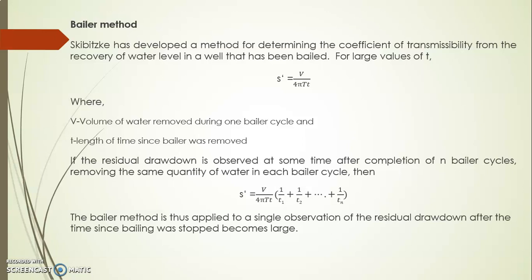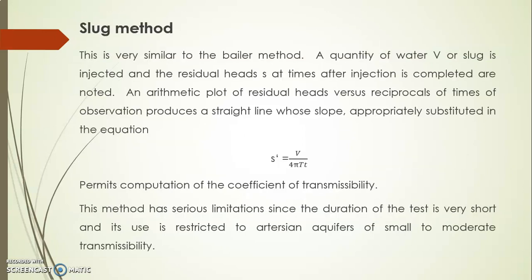The bailer method is thus applied to a single observation of residual drawdown after the time since bailing was stopped becomes large. Slug method. This is very similar to the bailer method. A quantity of water V, or slug, is injected and the residual heads s' at times after injection is completed are noted.